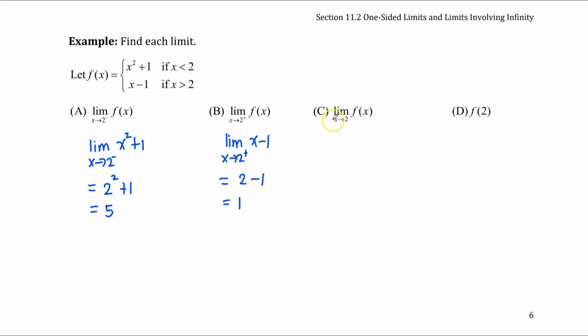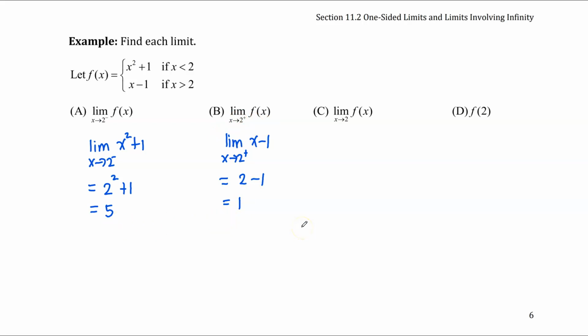Now, to find the limit of the function as x approaches 2, you don't see an equal sign here, and also 2 is at the endpoint of the intervals. Therefore, it is important to look at the left-hand side and the right-hand side of 2. Notice that the left-hand limit is 5 and the right-hand limit is 1. The two are not equal.